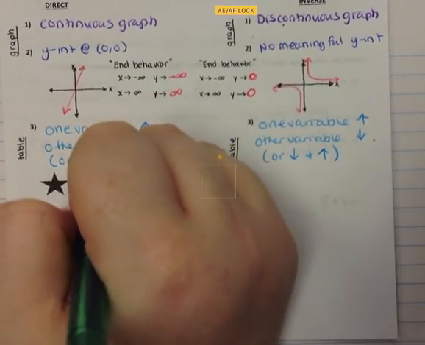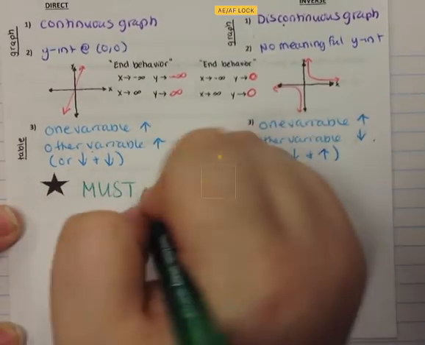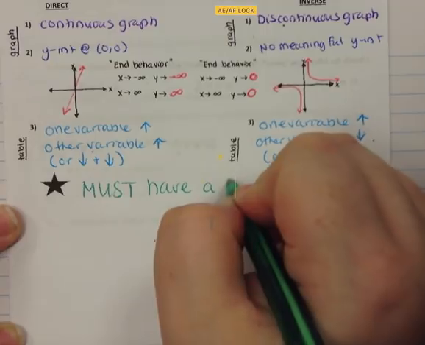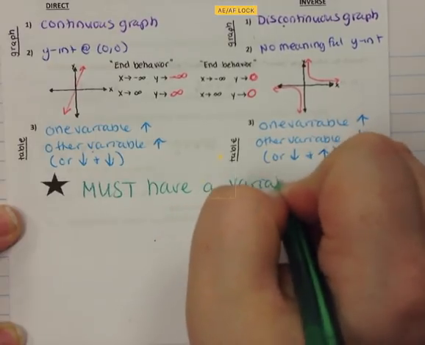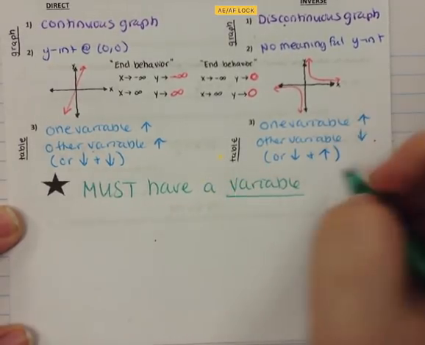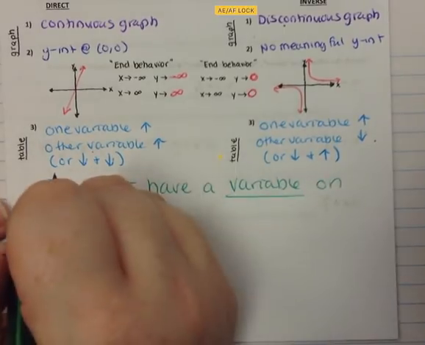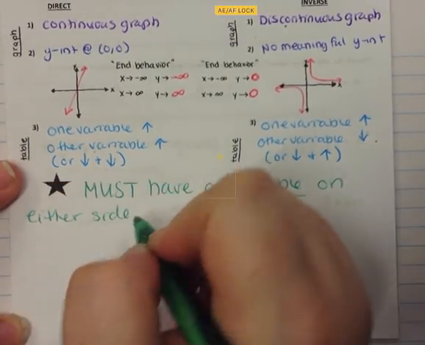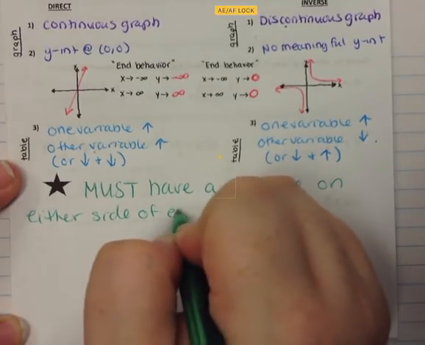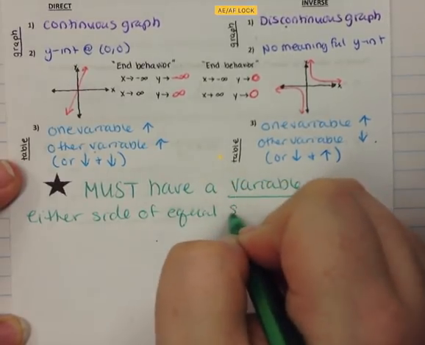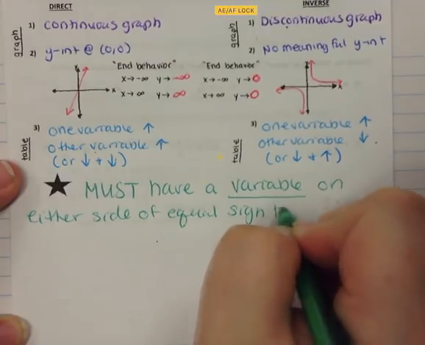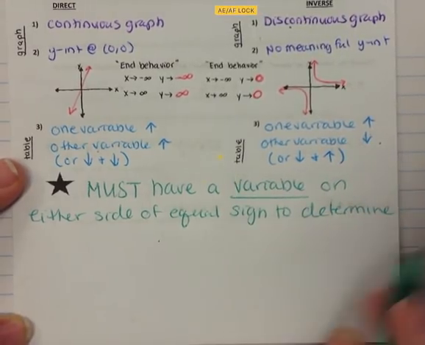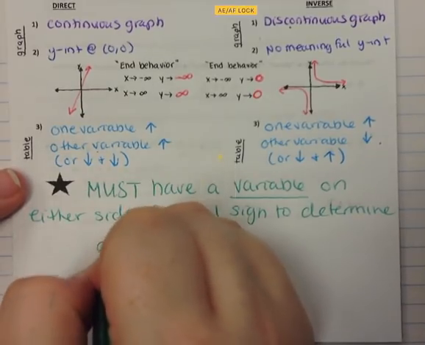We must have a variable on either side of the equal sign to determine if it's direct or inverse.